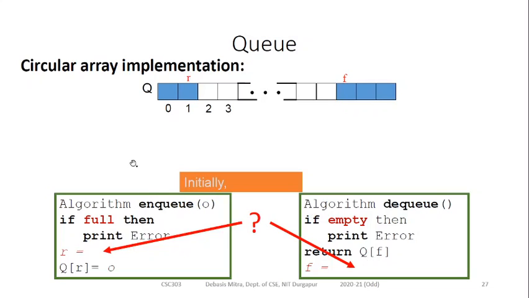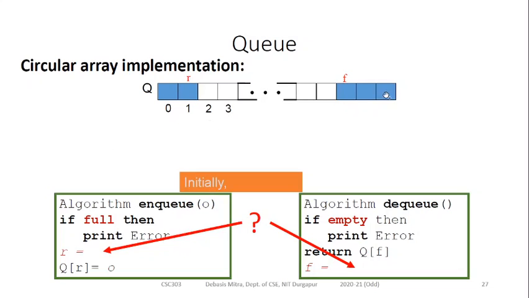Obviously the earlier one would not work, because that is not the same. So first, let us see how I update. Obviously, I think it is quite clear that we are trying to go back to 0 after n minus 1. In linear array implementation, we never tried to go beyond n minus 1.